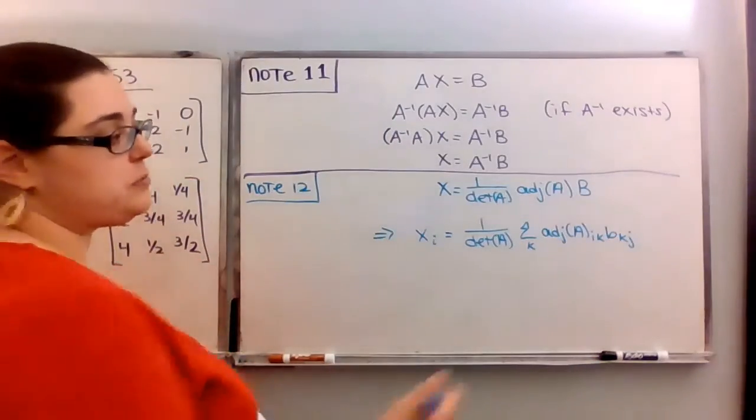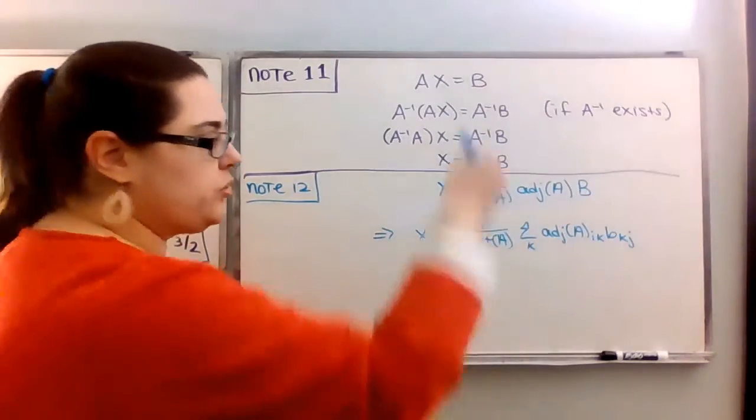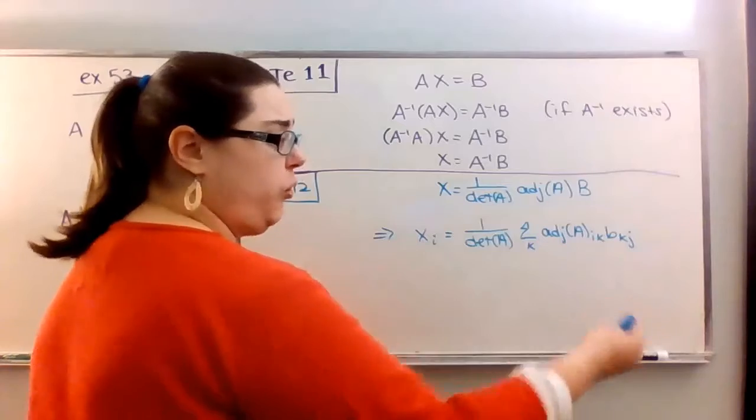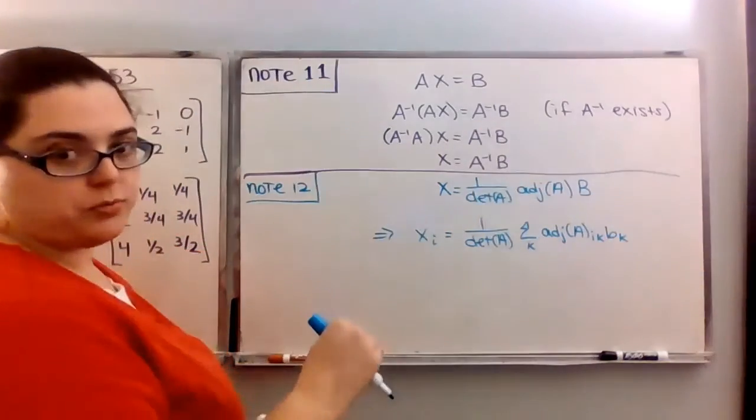Now, because b is a column matrix, there's only one column. So you can think of j as just a 1, or very often we'll just write it with a single subscript referring to each of those rows.